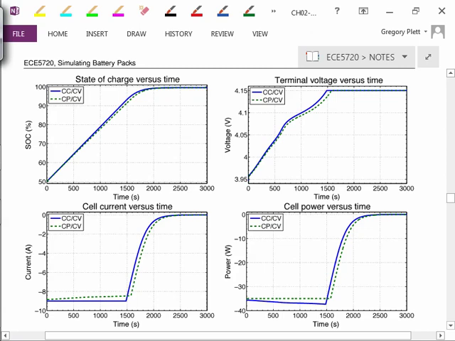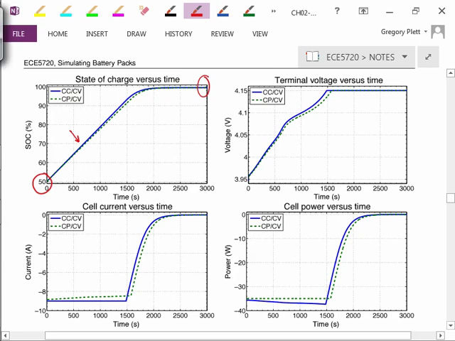On the top left, we see plots of cell state of charge versus time. We notice that we start at 50% and we end up at 100% state of charge. And the blue line, the solid line, is constant current. So you can see that the state of charge is increasing linearly as I do constant current because we're simply Coulomb counting.